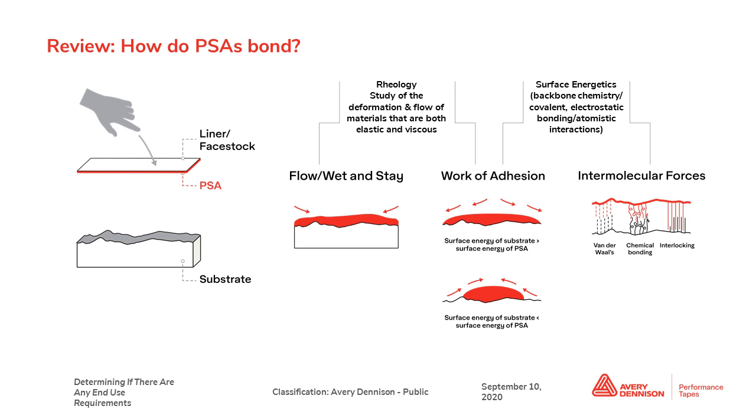If you have a high flow adhesive that really maximizes the wet out over a substrate, it can maximize the amount of intermolecular forces, which in result means a high bond. Adhesive manufacturers generally have more control over the rheology of adhesive and an understanding of the rheology for recommending different adhesives for different surface energies and textures. And this is how PSAs bond to substrates.